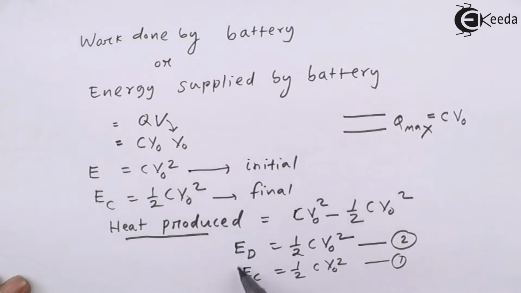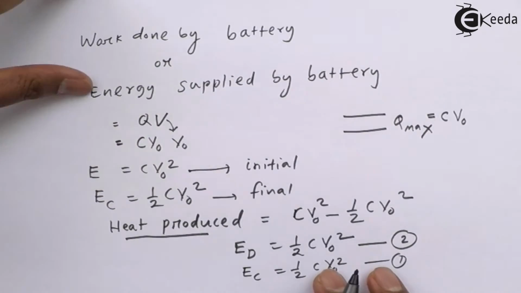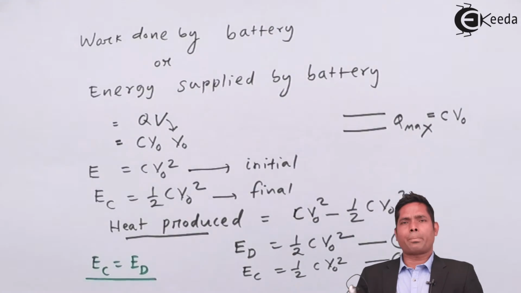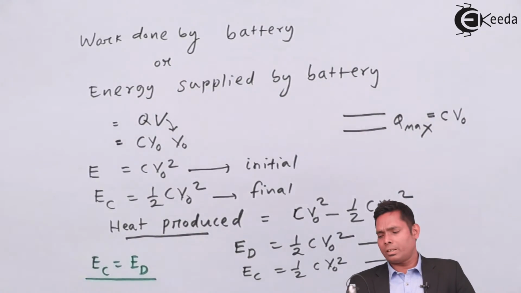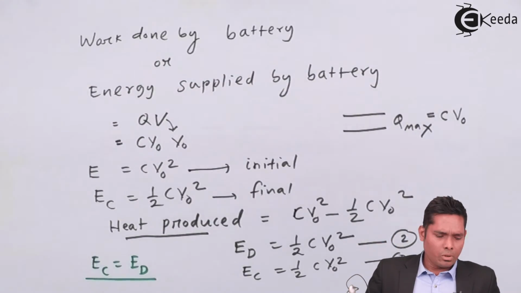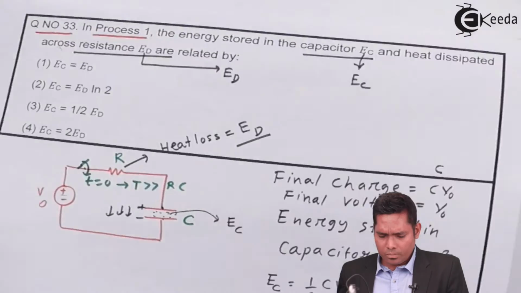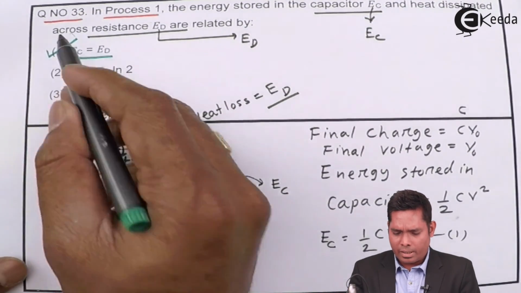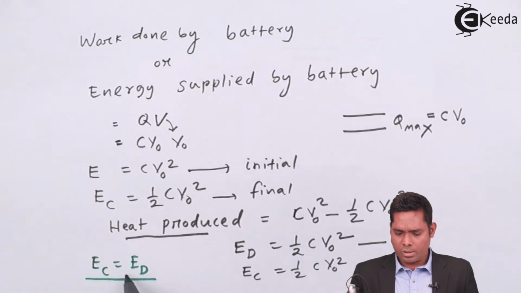Both are the same. EC equals ED. Whatever energy the capacitor can store, the same amount of energy is lost in the form of heat. So if I see the option EC equals ED, this is the correct answer.